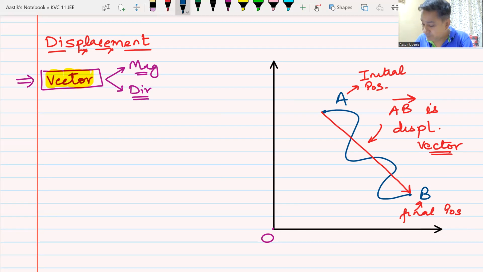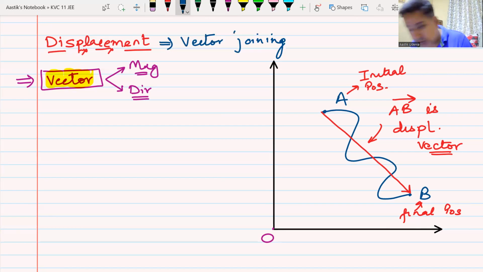So displacement, if I have to define, is a vector joining what? Initial and final position. Now you are talking. Now you are talking like someone who's studying physics.